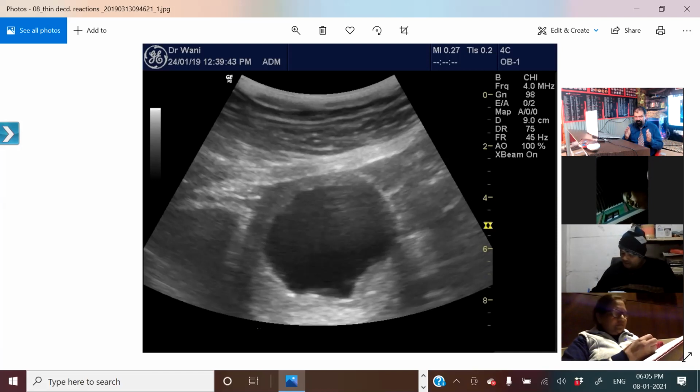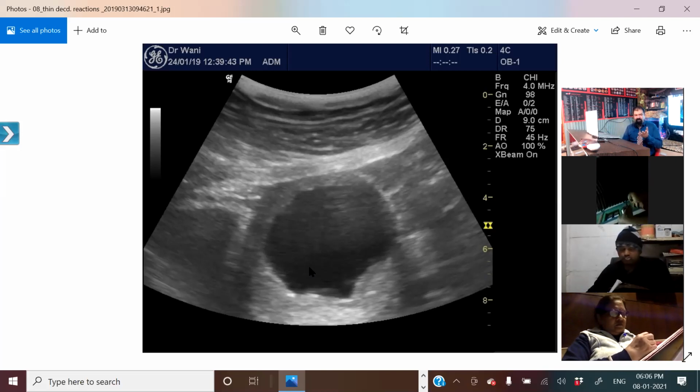Gestational sac should be more than 8 millimeters, and you should see a yolk sac on TVS. And on transabdominal scan, it should be more than 20, and if it is more than 20, you should see a yolk sac. Now coming to the embryo. The embryo should be seen if the gestational sac is 16 and you are on TVS, and if you are on transabdominal scan, then the cut-off is 25 millimeters.